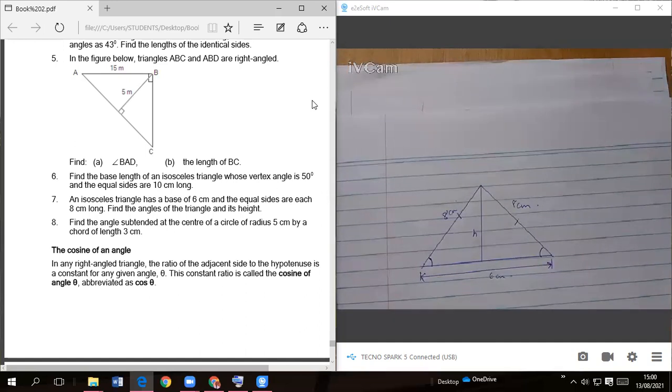Mwesigwa, let me ask you. Anything that you know about the angles, Mwesigwa? Mwesigwa, the microphone is not working. Let me see. Esther, anything that you know about the angles?